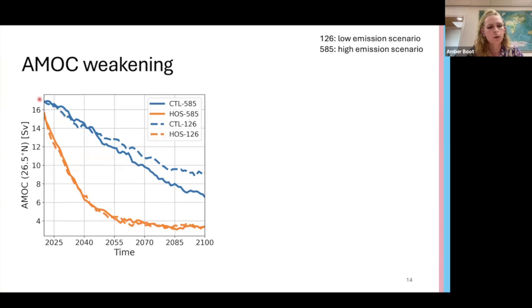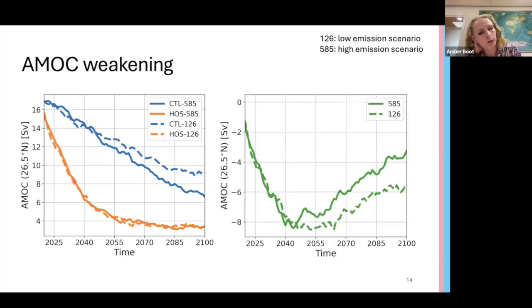Now, in blue, in the control simulations, we see that the AMOC already has quite a large weakening of around 50%, just due to the greenhouse gas emissions. But in orange, we see this clear forced response to the hosing. We see a much stronger and faster weakening compared to the control simulations. If you look at the difference between the hosing and the control simulations, this is also what we clearly see.